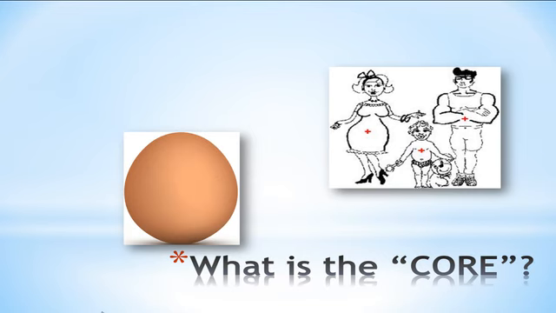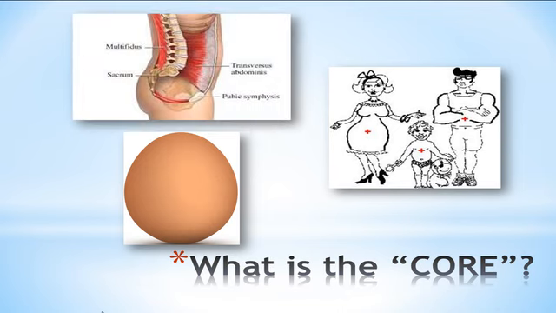So what are all the structures that help to maintain the position of our yolk, or our center of gravity, in the body? Just to get an idea from a structural perspective, looking at a lateral view, I can see I have some transversus abdominis muscles, I have a spine, I have some multifidus muscles, I have a sacrum, I have an ilium, I have a diaphragm, I have a pelvic floor.